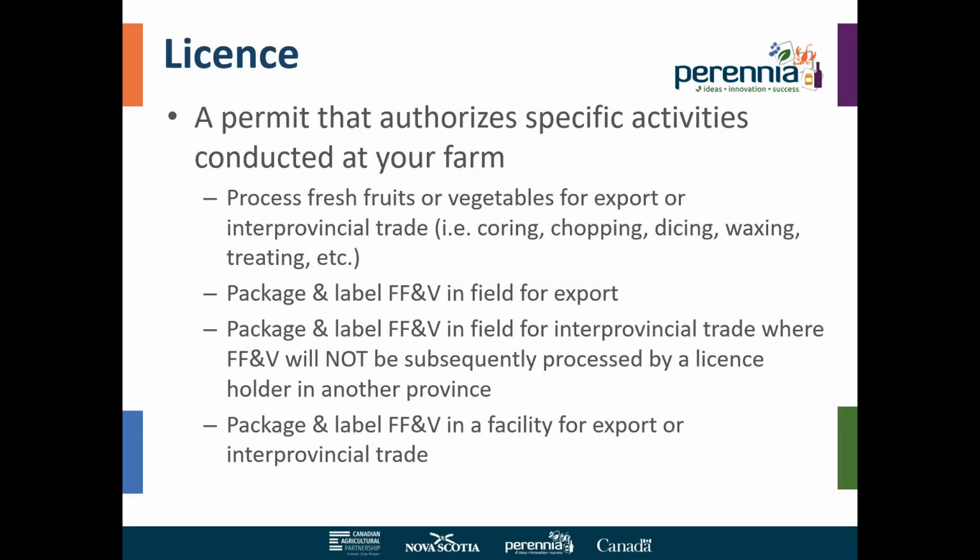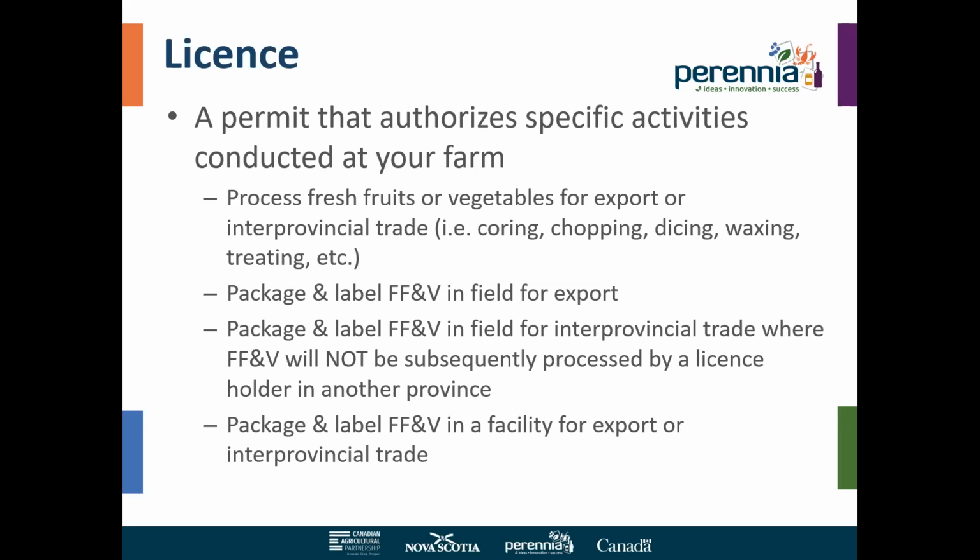However, you will require a license if you do any of the following. So you process fresh fruits and vegetables for export or interprovincial trade, meaning coring, chopping, dicing, waxing, treating. These are some examples. If you package and label those fresh fruit and vegetables in the field for export, you will also require a license.